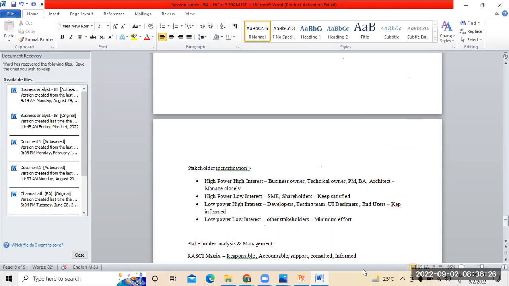Now, how are we going to use this RACI matrix? By using the people whom we have identified as stakeholders.